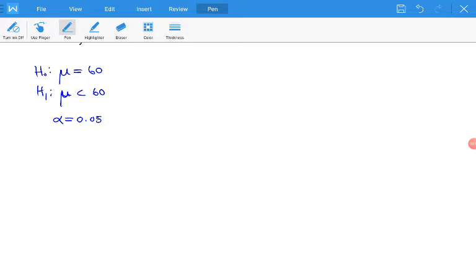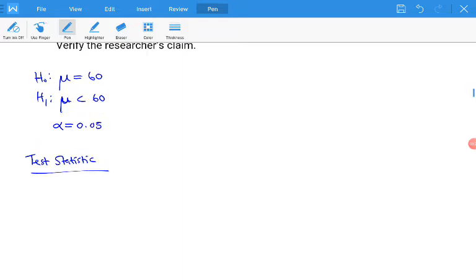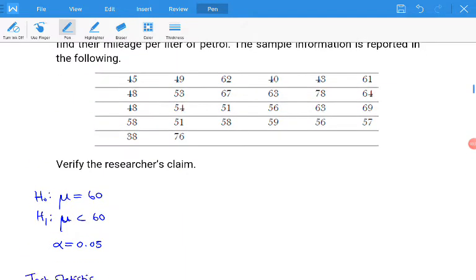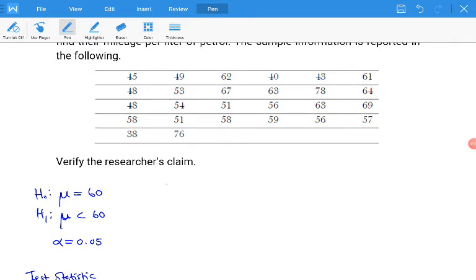So we go on to calculate the test statistic. For this data set, we need to find the mean.